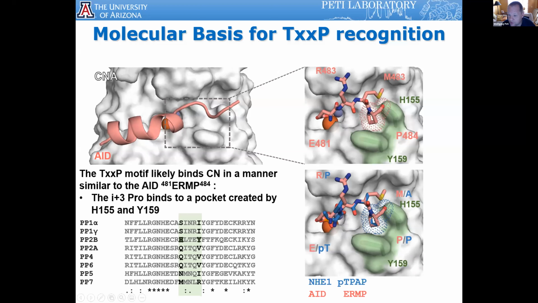And one important thing that I should show you is that this histidine and tyrosine residue is only conserved in calcineurin, and none of the other members in the phosphatase family, meaning that's a reason why there is selectivity and uniqueness, if that would be true, in recruitment of their substrate.